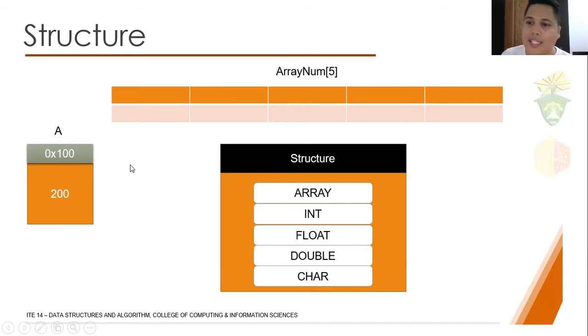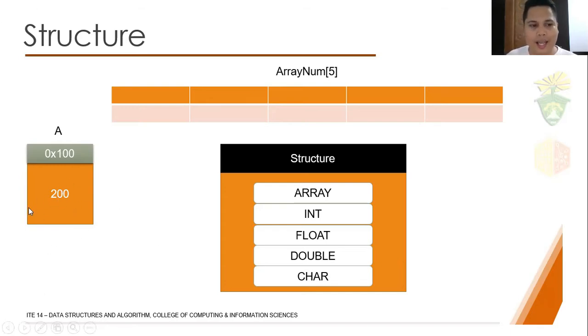In variable A we stored the value 200. We also discussed last meeting the limitation of the basic data types, int, float, double, char, as storage: they can only hold one value at a time. So we see that the value right now is 200.